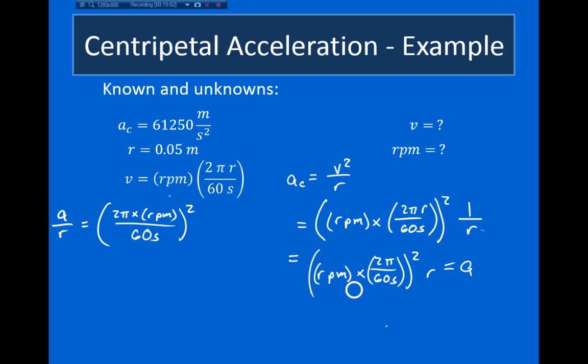So all I've done from here to here is I've just divided off this r to move it over to here. Now if I square root both sides and then I multiply the 60 over here and divide by 2 pi, I see that my RPMs are equal to, so the first thing I do is I square root this. So I have this as a divided by r square rooted. And then I'm going to multiply the 60 seconds over here and divide by 2 pi.